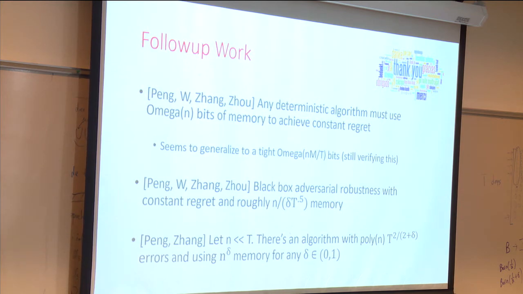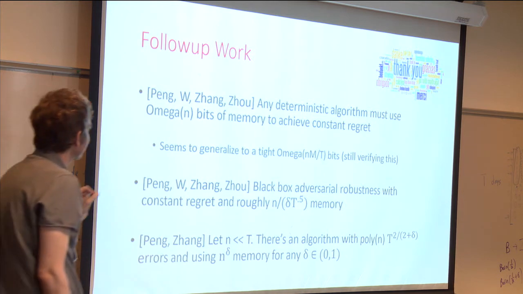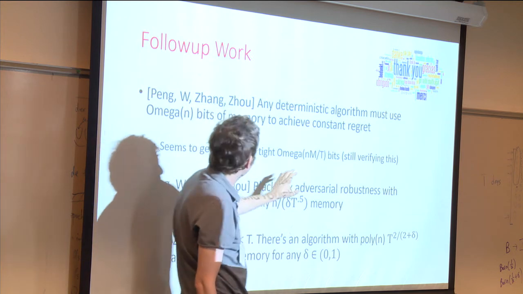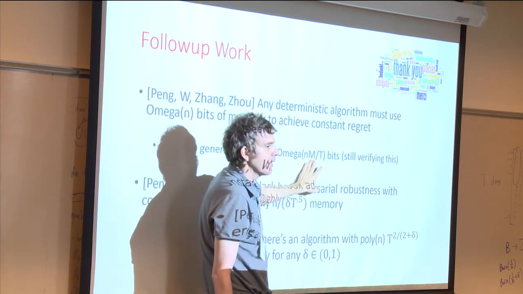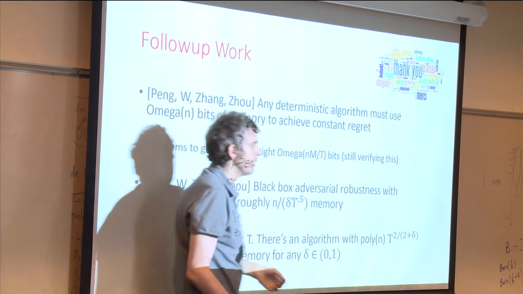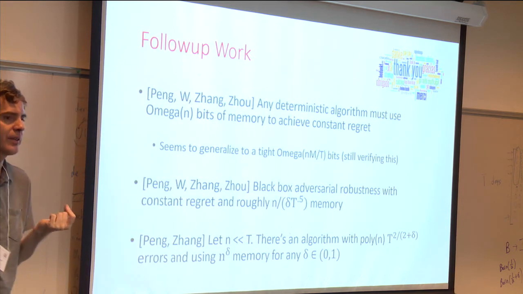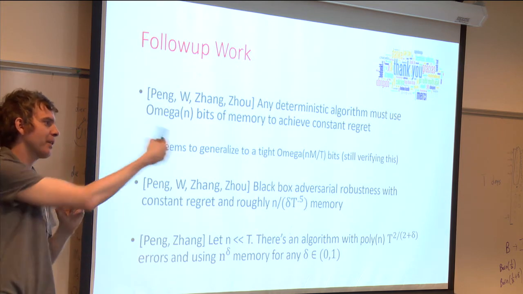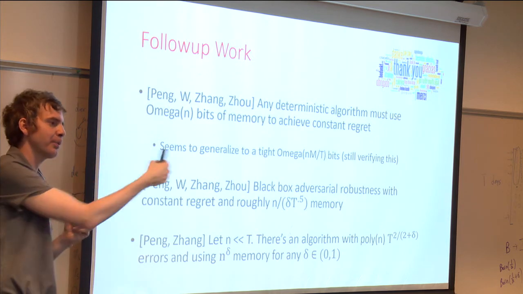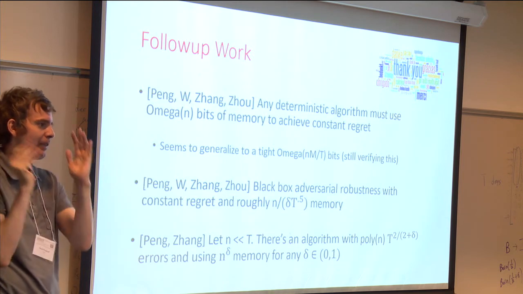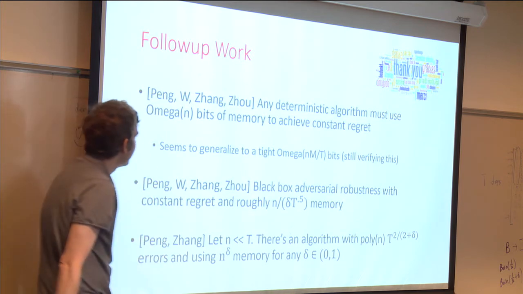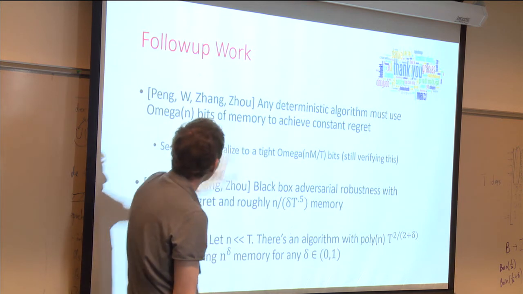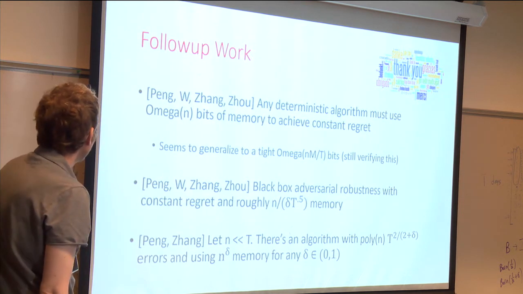More precisely, it seems like the following goes through, though we're still verifying it: if the best expert makes m mistakes, then there's an nm over t lower bound for deterministic streaming algorithms. That matches the very simple idea I mentioned of walking through all the experts m times, taking a pool of size nm over t. So for deterministic algorithms, there isn't much you can do, and the bounds seem to be tight.